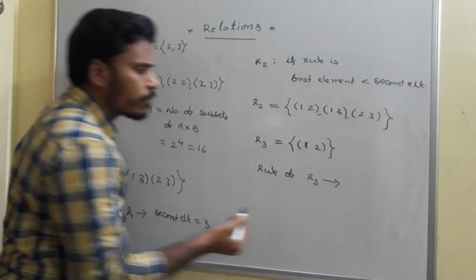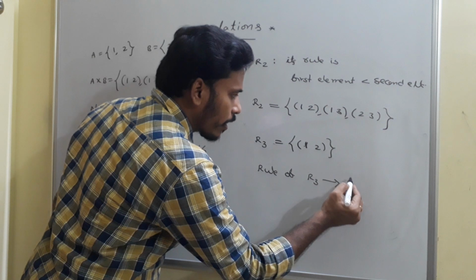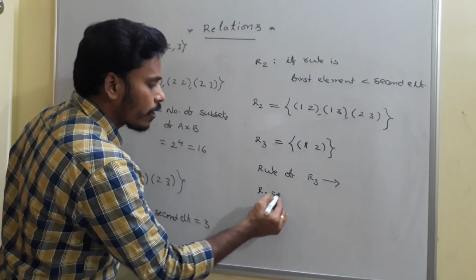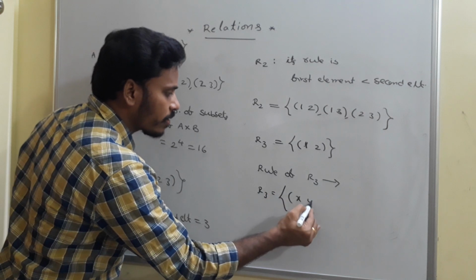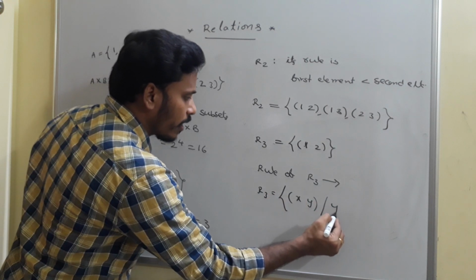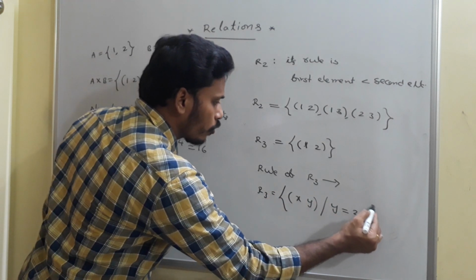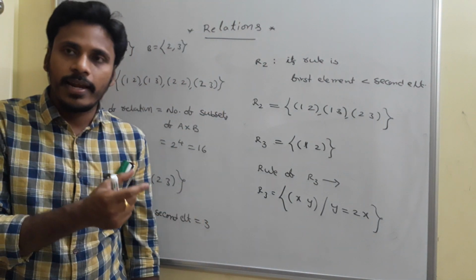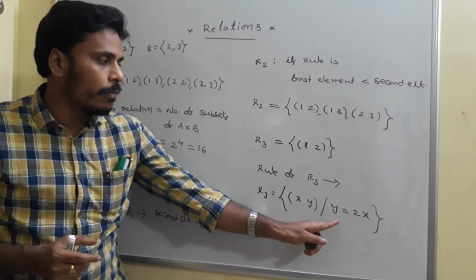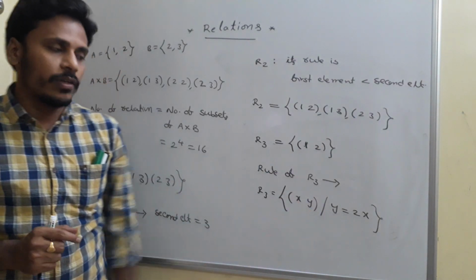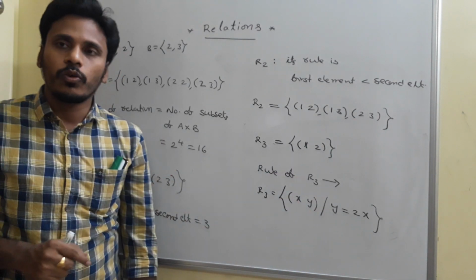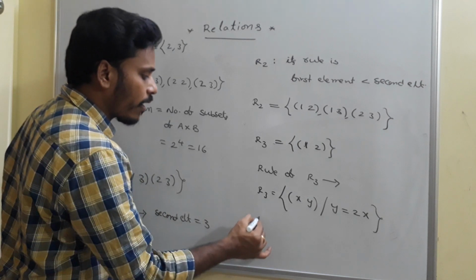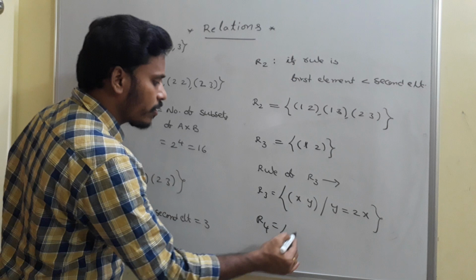So R3 is the set of ordered pairs (x, y) such that the second element y is equal to 2x. If (x, y) is the standard ordered pair, then the second element is 2 times the first element, that's why y is equal to 2x. No problem here, right? Now suppose I take another relation R4, which is an empty relation.